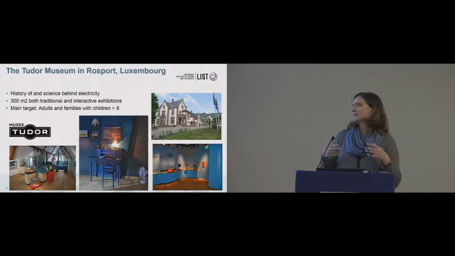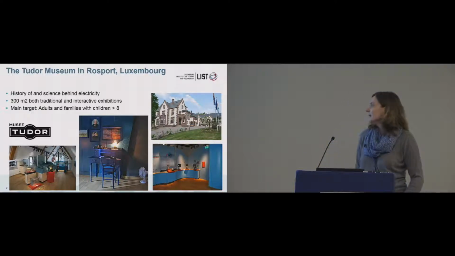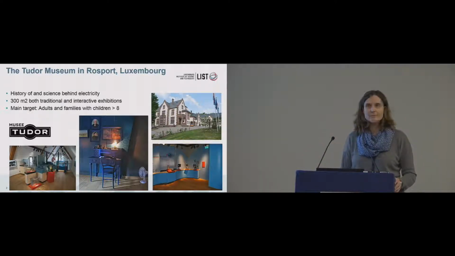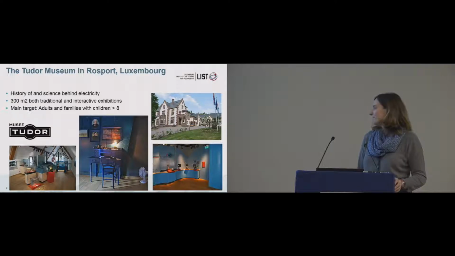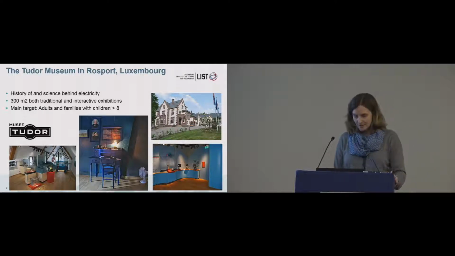So when you enter the first room, it's very dark so that the visitors experience how it felt at that time when you didn't have electricity and had to work with oil lamps and candles. And here on the right you see one of the rooms, which is more an experiment room where school classes can come and do different types of experiments with electricity to understand the science behind electricity.